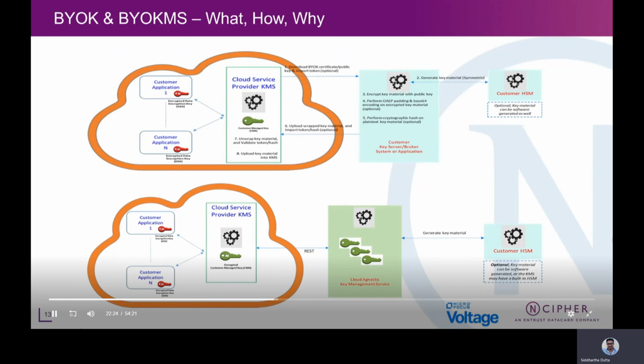Optionally, you can send a cryptographic hash for integrity, or sometimes an import token, to ensure that you are pushing the keys for that specific CMK or particular account. Then the cloud services provider will unwrap the key at their end and store it.